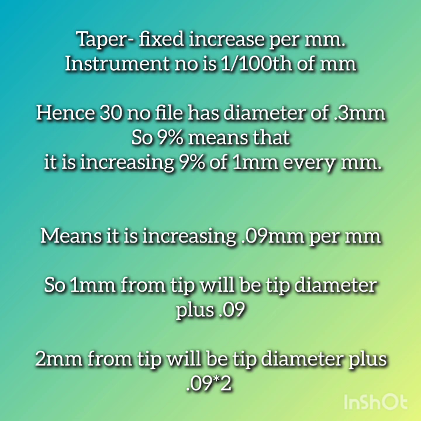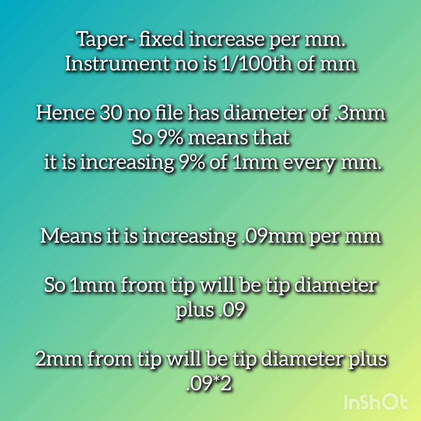Now what will be the diameter 2 mm away? As we know the taper is 9%, so every millimeter the instrument size is increasing by 9%. 9% means 9 by 100, that is 0.09 mm.